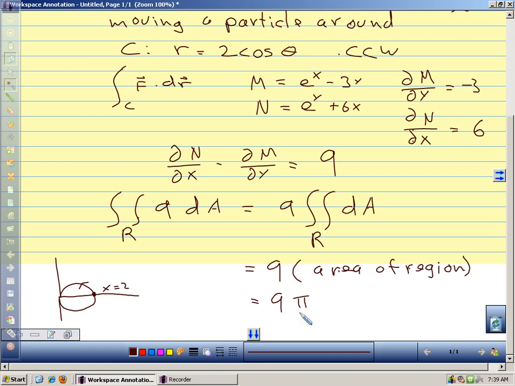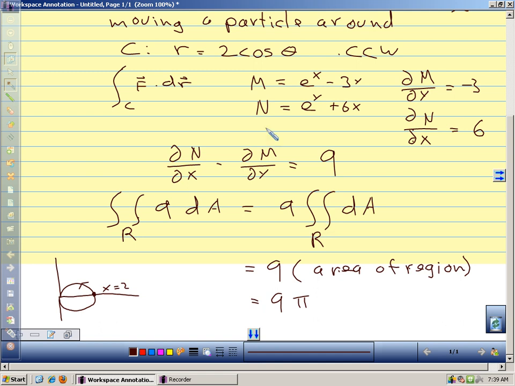So our line integral, in this case, using Green's theorem, turned into just finding the area of the region. We did an example like that yesterday, where when we applied Green's theorem, dN/dx minus dM/dy turned out to be 1, and we found our line integral reduced to finding the area of the region again. So this leads us into one application of Green's theorem.